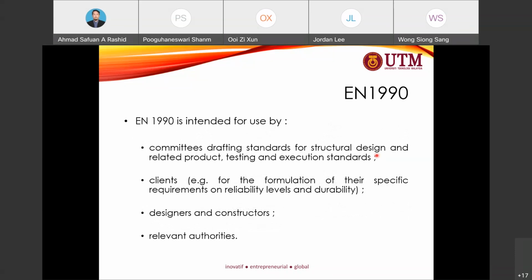So EN 1990 is intended for use by committees drafting standards for structural design and related product testing and execution standards, clients, designers and contractors, and relevant authorities. Okay. So this is just an introduction on EN 1990.